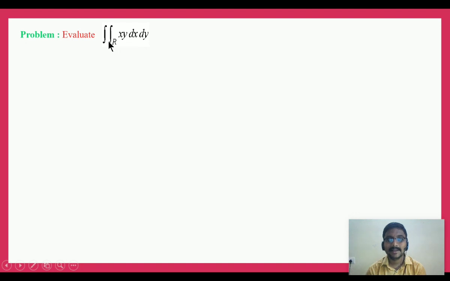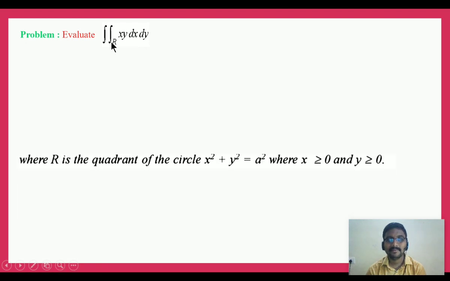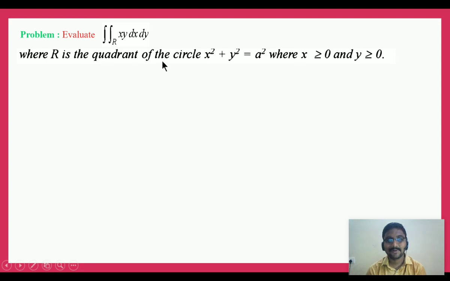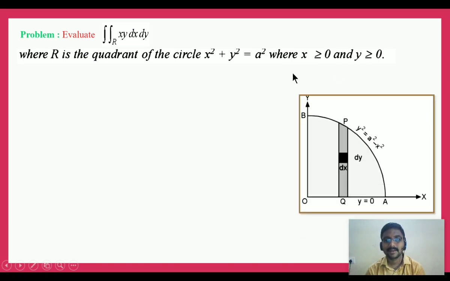Here the limits are not given, but the region is the quadrant of the circle x squared plus y squared equals a squared, where x is positive and y is also positive. That is, x greater than or equal to 0 and y greater than or equal to 0. So the curve is considered only in the first quadrant, because both x and y are positive in the first quadrant.